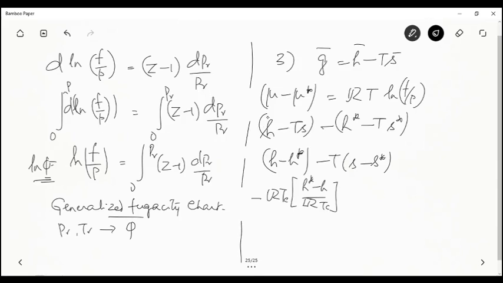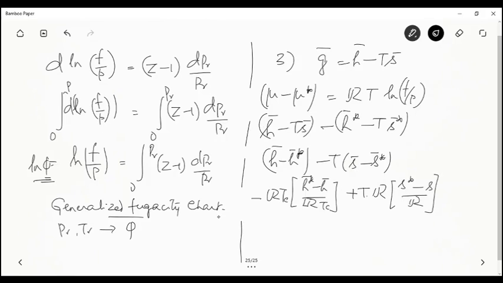Okay, so these are actually molar quantities. So this term is like this, minus this T is as it is, and again you write an R, and this becomes plus into S star minus S by R, right?